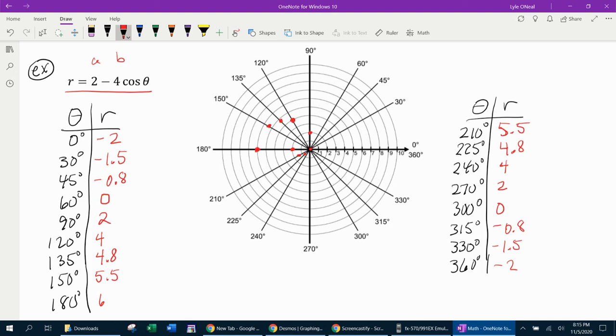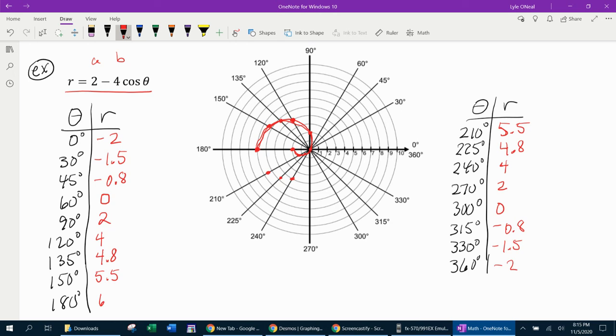And if I play connect the dots, you can see that we've got this kind of spiral shape going on. Now let's keep going. At 210, we're at 5.5. Next, we're at 4.8. And then at 4.